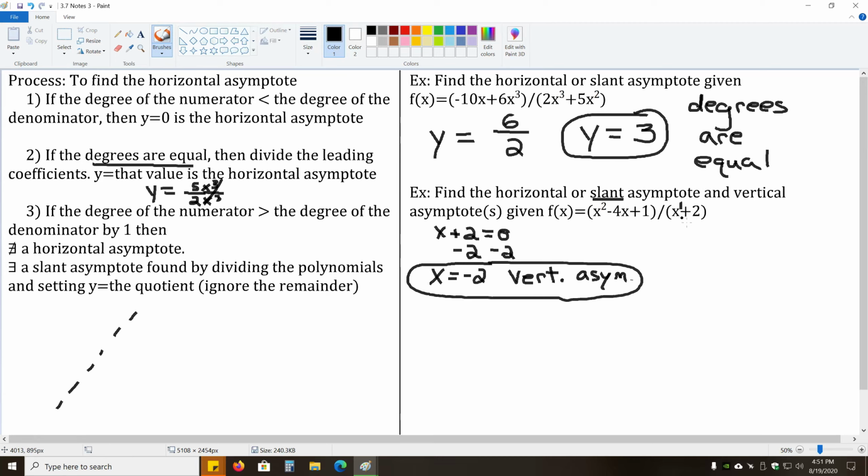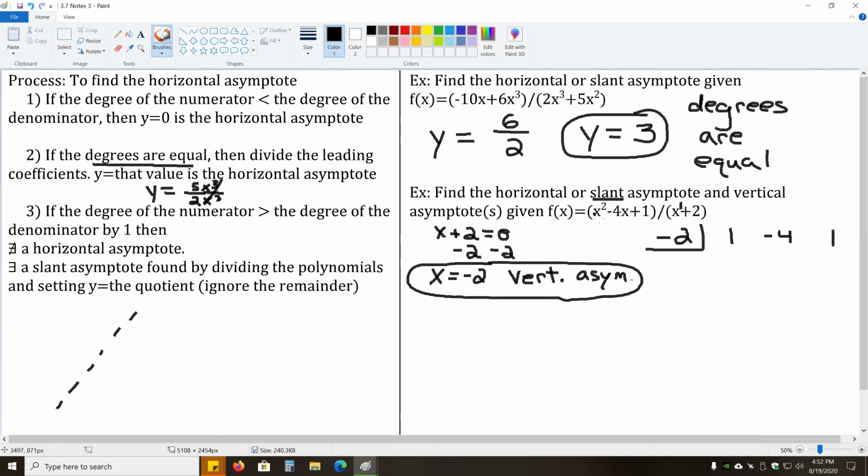For synthetic division, which only works if you have a denominator like this, x plus or minus some number, you take this value and set it equal to 0 and solve for x, which we've already done to get x equals negative 2. That's our value on the outside. Now we take all of our coefficients, so 1, negative 4, 1.